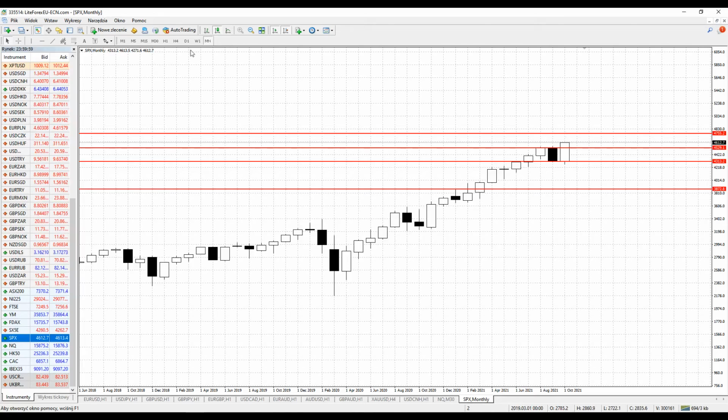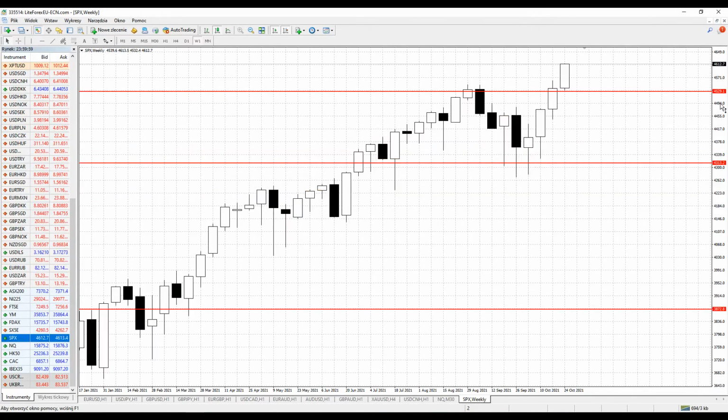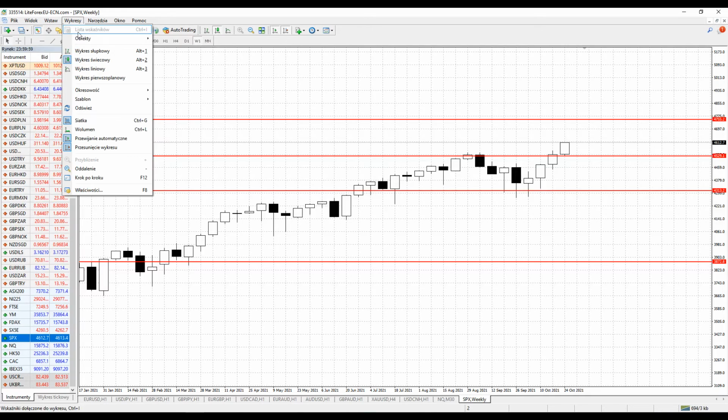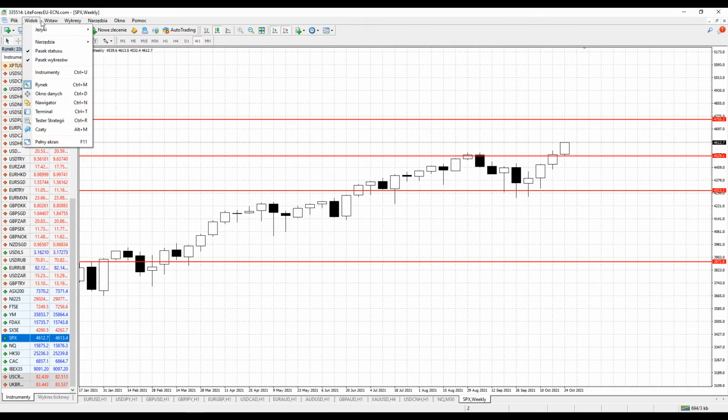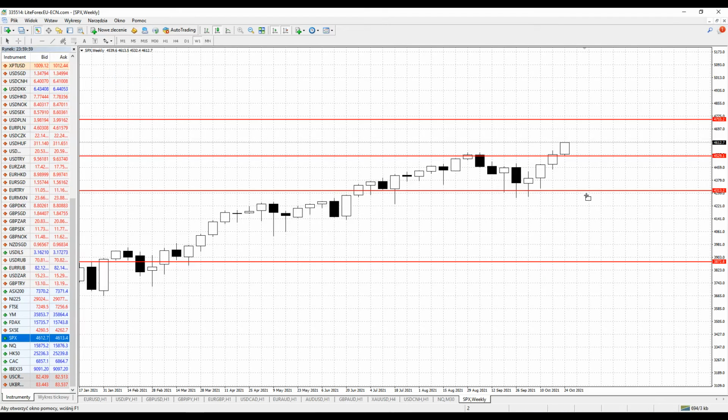Let's have a look at what you have on a weekly chart. It shouldn't be a surprise for you where we are and what the possible target to the upside is based on the monthly and weekly.